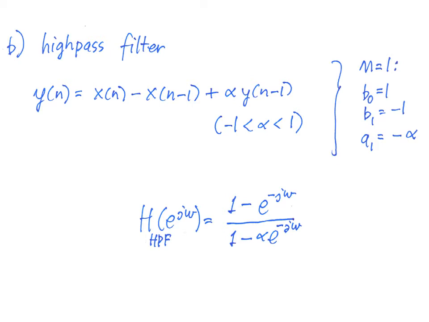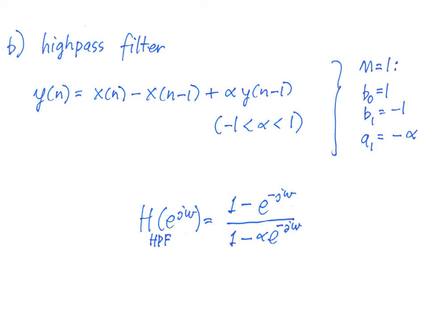You may think of M as the number of samples needed to look back in time in order to calculate the present time output. If M is higher, then we need more storage requirements to maintain a memory of past inputs and outputs.